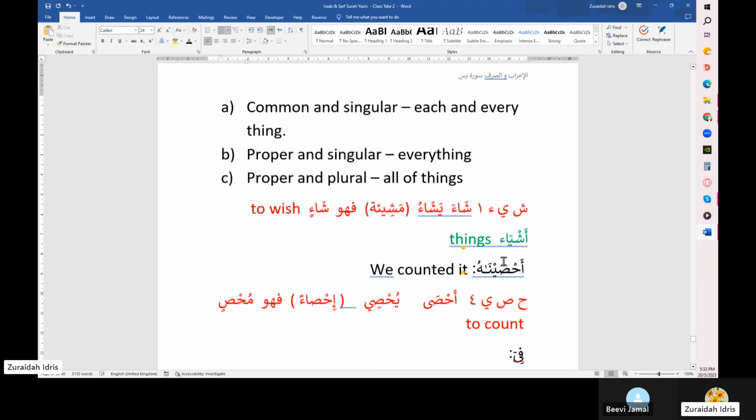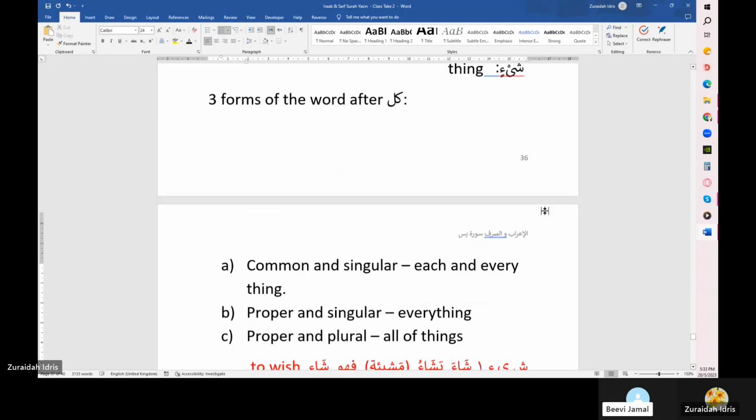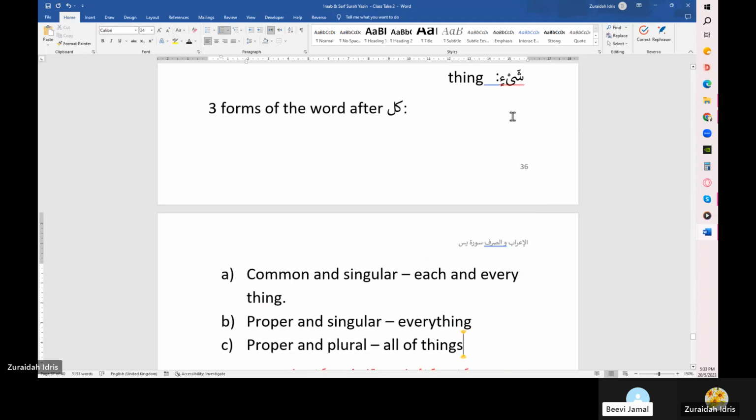Common is usually mufrad, right? I mean, it comes with the tanween. So you're saying that plurals will not come with a tanween? No, they do. They do.